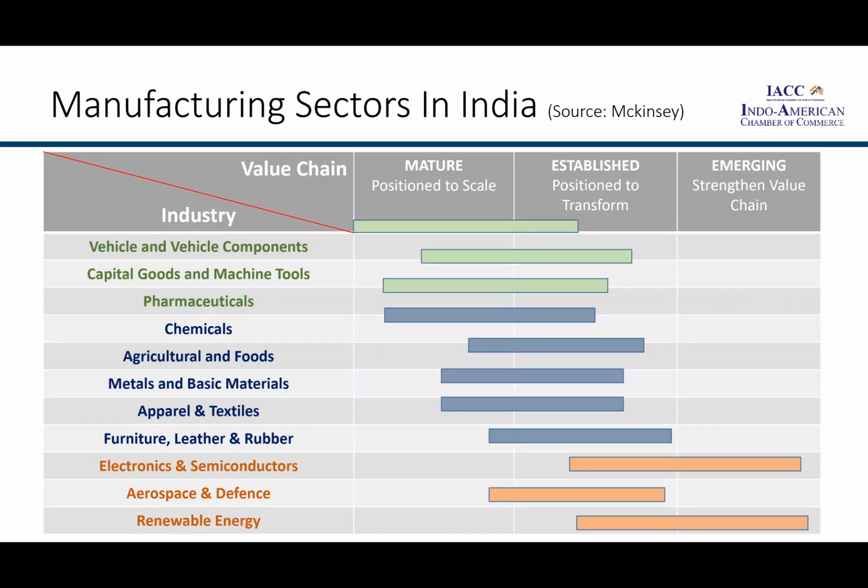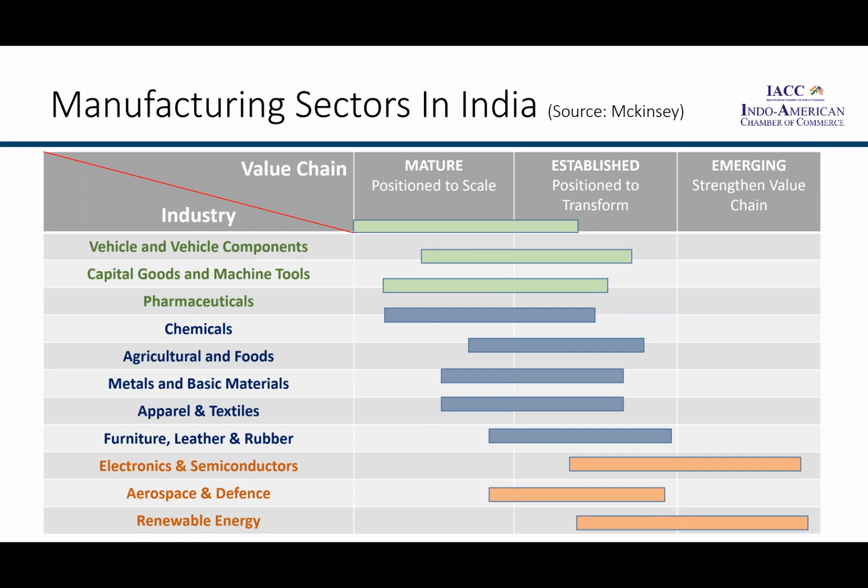Now, let me spend some time talking about the manufacturing sector in India. Manufacturing contributes 16% of India's GDP. While there are many globally renowned manufacturing companies, there is also a thriving SME sector as well. Currently, the gross value add by manufacturing to the GDP is about 370 billion US dollars.